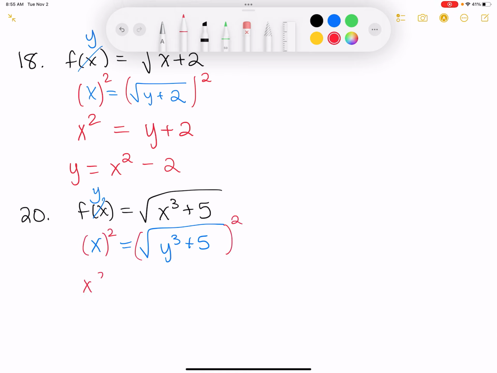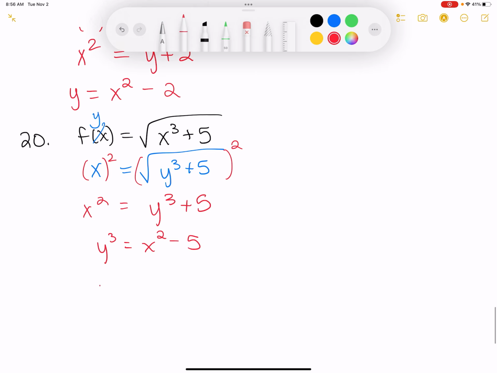So x squared is equal to y cubed plus 5. Now subtract 5, so y cubed is equal to x squared minus 5. Do you take the cube root of it then? Yep, so y is equal to the cube root of x squared minus 5. And then I am done.